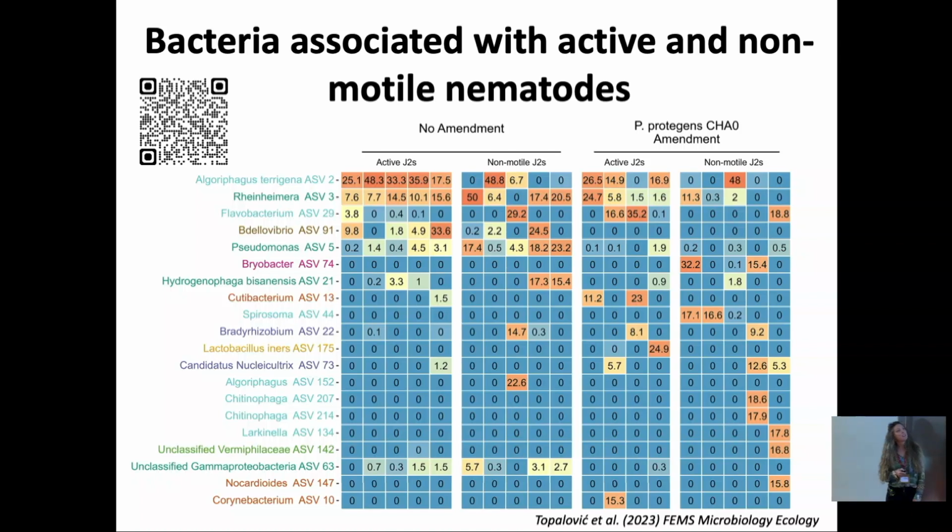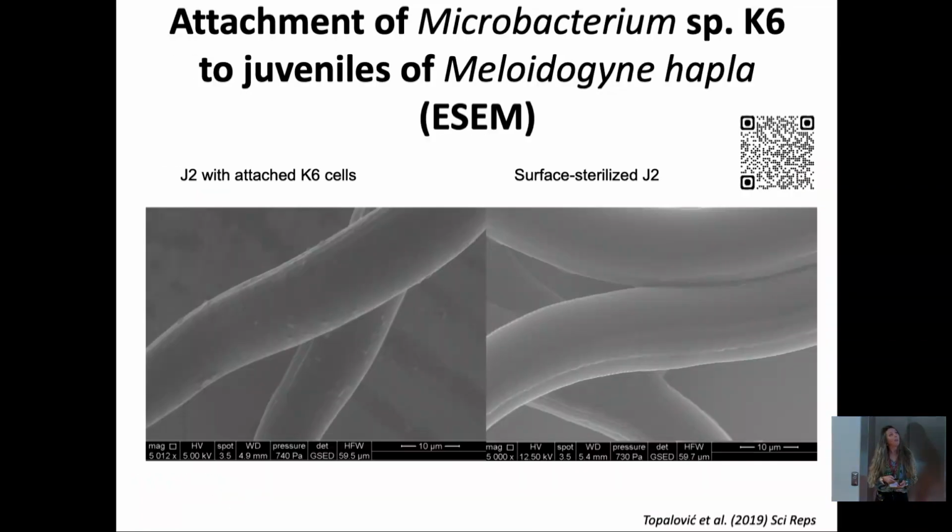We also found that when we add this CHA0 strain to the soil suspension, there are changes in the composition of nematode-attached bacteria. For instance, Pseudomonas and Bdellovibrio disappear from the nematode surface. This is just to show you how the complexities of microbial interactions in soil affect not only the activity of nematodes, but also the composition of microbes on the nematode surface, and that there may be some taxa that are nematode protective.